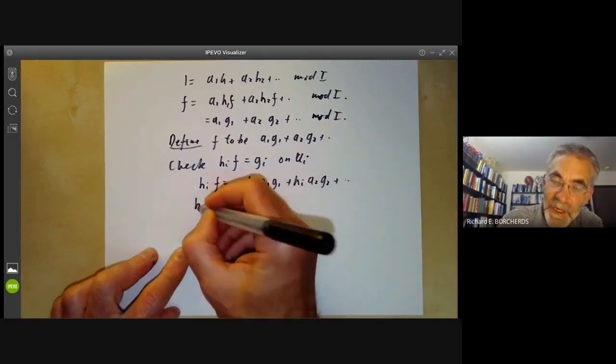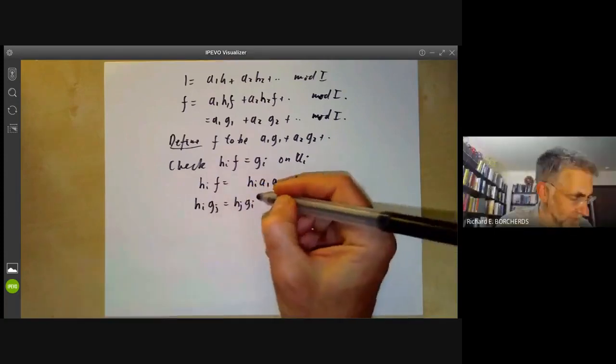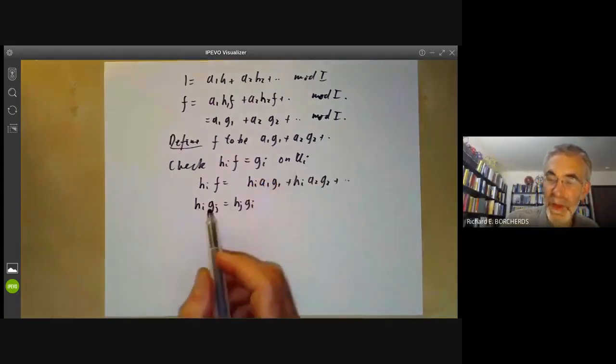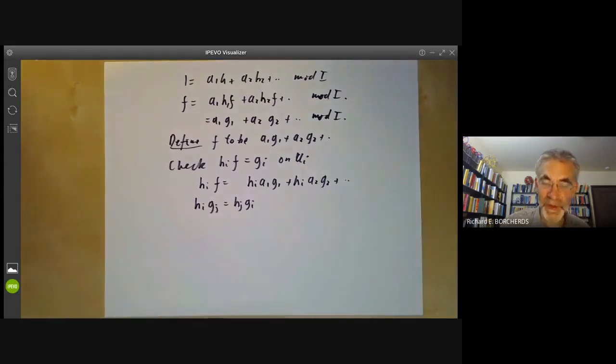And now we notice that hi gj is equal to hj gi because gi over hi and gj over hj must be the same on the intersection of the sets Ui and Uj.